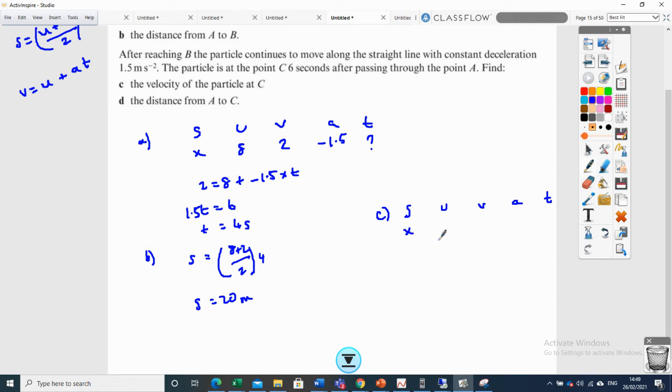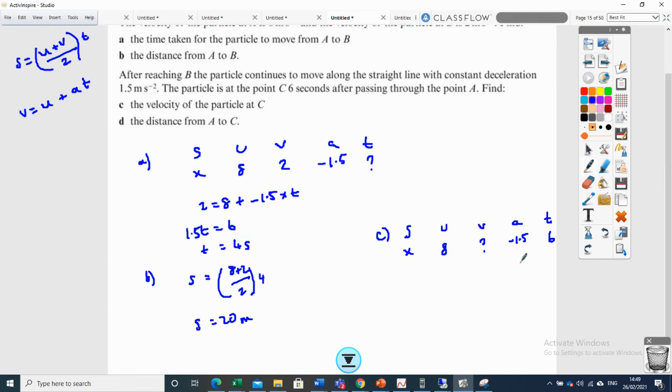U, because we're talking about A through to C, is going to be the same as it was initially. And V, we do not know. That's what we're trying to find out. And A is still negative 1.5 and T is 6.